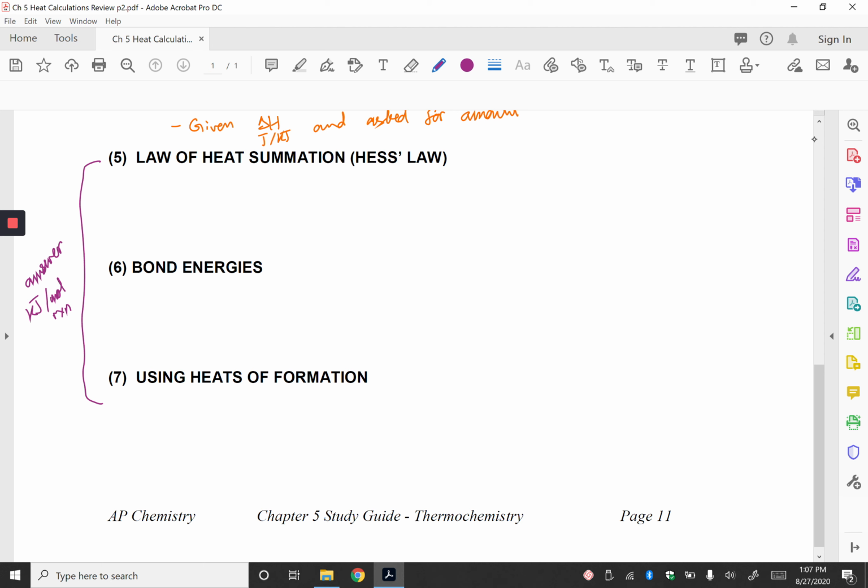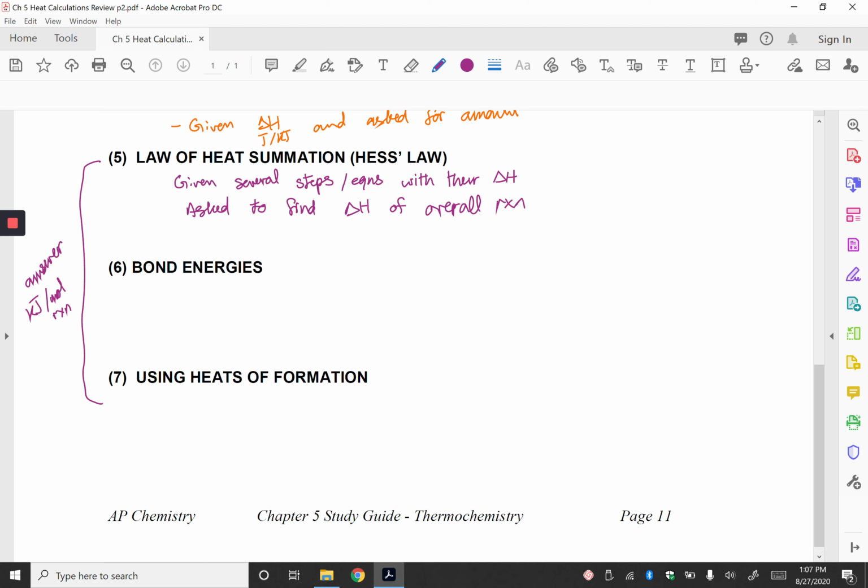So Hess's law, you are given several steps, equations with their delta H's, and asked to find delta H of the overall reaction.